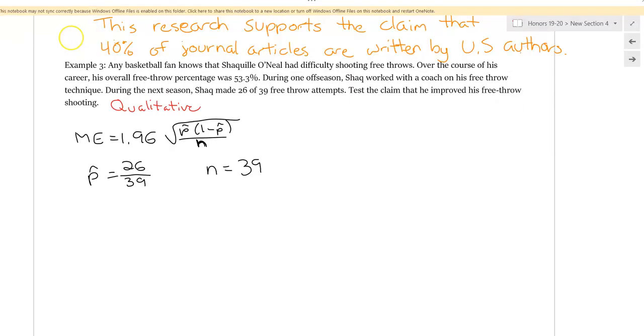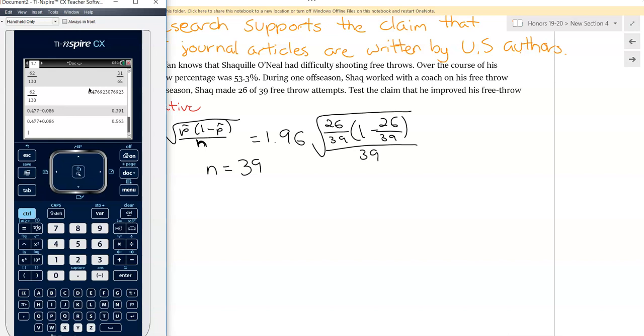So then this equals 1.96 times the square root of 26 over 39 times 1 minus 26 over 39, all over 39.